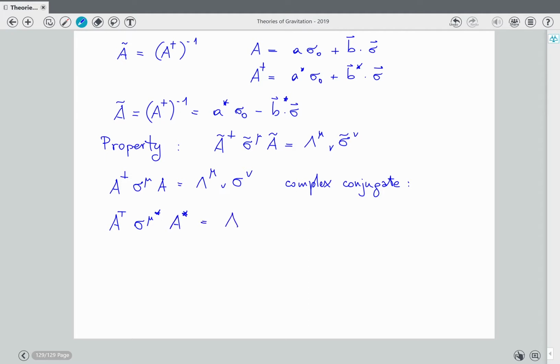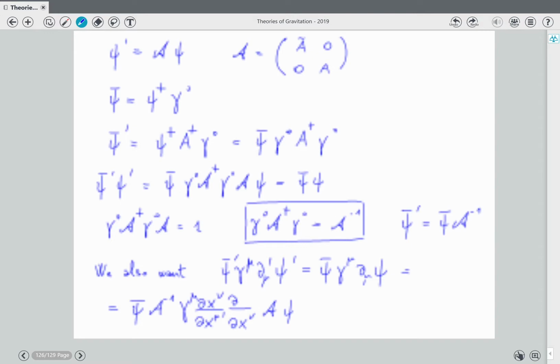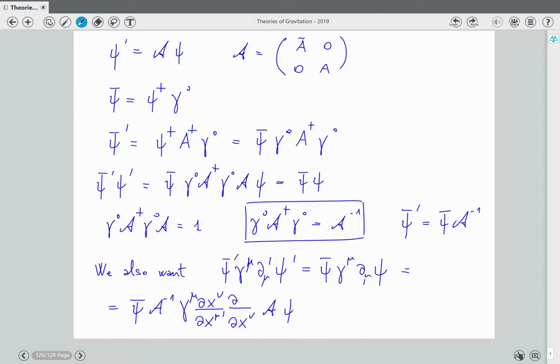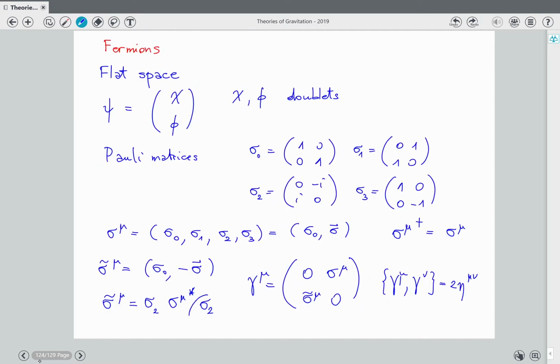Then you have lambda mu nu that is real, and then you have here the complex conjugate. Now recall that if you multiply the conjugates of the matrices sigma by sigma 2 to the left and to the right, you get the tilde matrices.